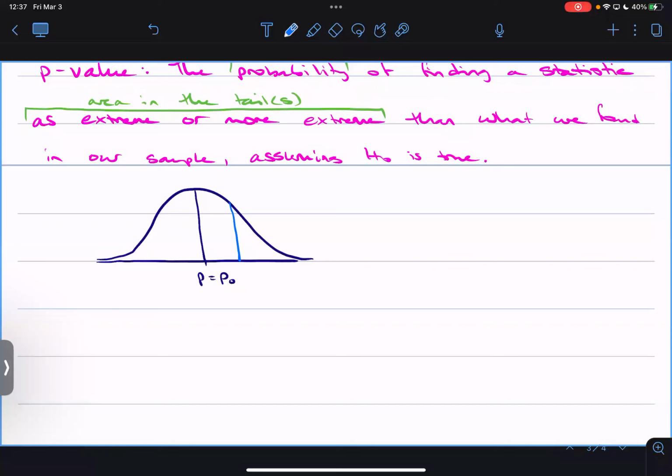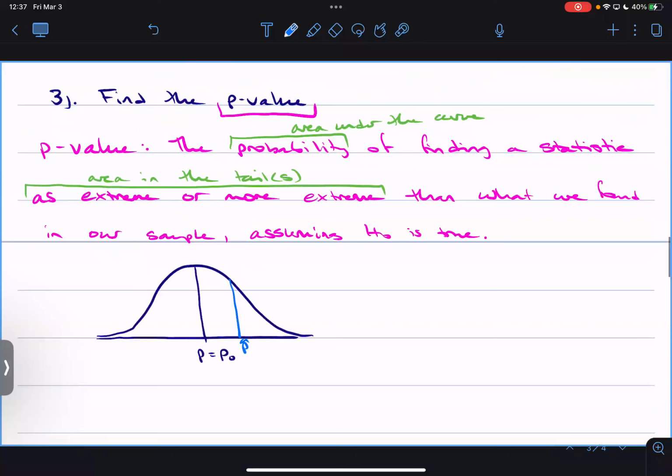So some p hat here. So my sample proportion is going to be up here in the upper tail. We'll just focus on the upper tail for now.